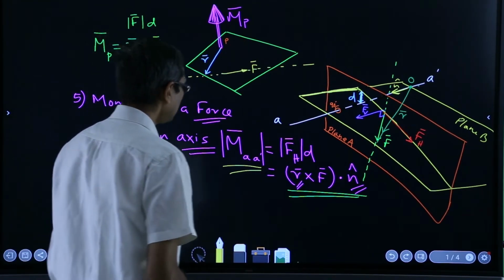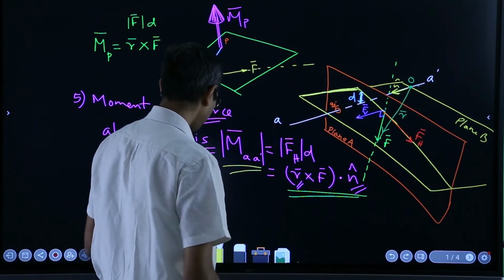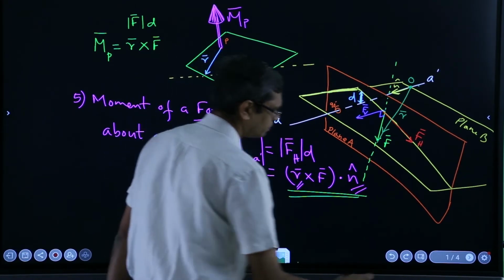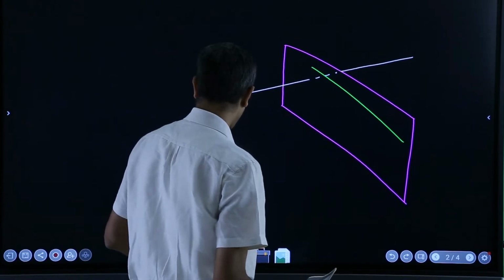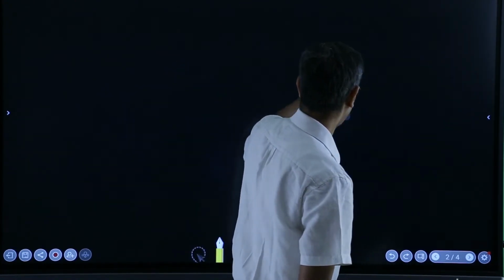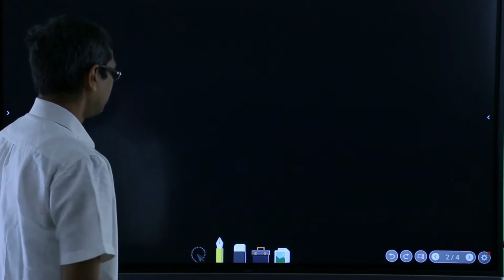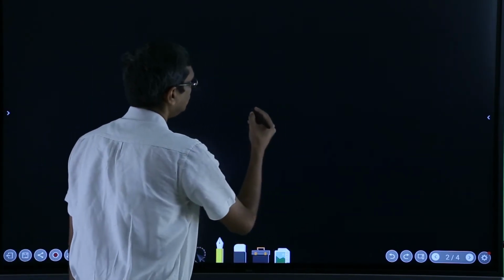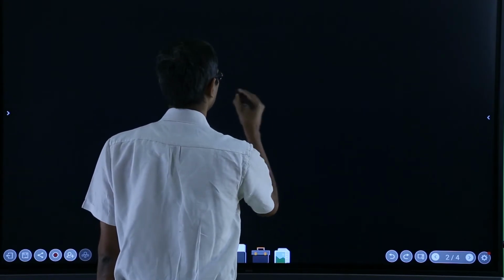But then let us see why it should work. Now, let us see. Suppose this is the axis which you have.